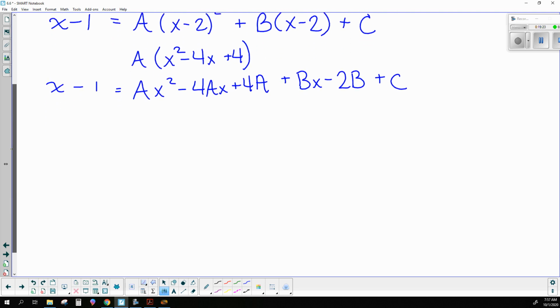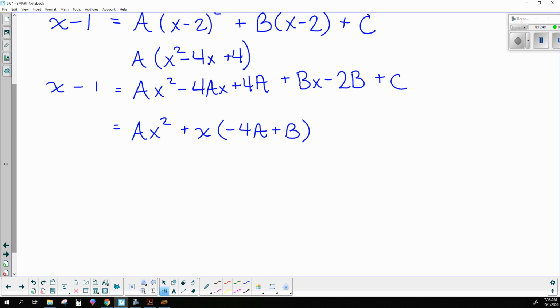All right. So again, I'm going to go through and combine like terms as I can. So I have ax squared. That's the only x squared I have. And it looks like for x terms, I'm going to have a negative 4a and a positive b.